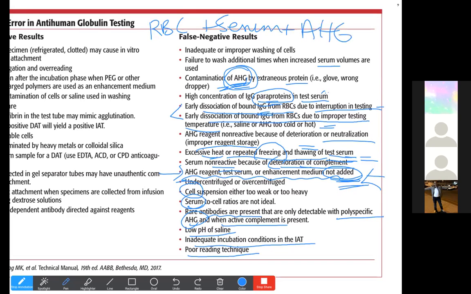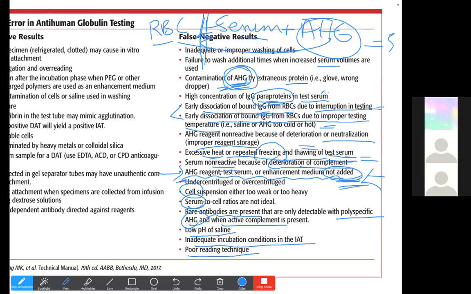And then when all of this has been added and they are centrifuged, there could be problems in the centrifuge, and there could be problems in the reading technique, and also in the incubation of the serum and cells. So there could be problems at all stages: in the RBCs, in the sera, and the incubation time. Then when the AHG is added, the AHG may be contaminated with extraneous proteins, or whether it is polyspecific or monospecific will determine certain rare antibodies that may be present in the sera that may be detected by specific types of AHG reagents.